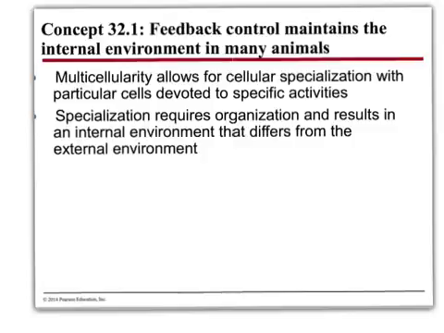Also, because of the multicellular nature of organisms, there is an ability for cells to specialize to do certain things, and evidence being neurons.